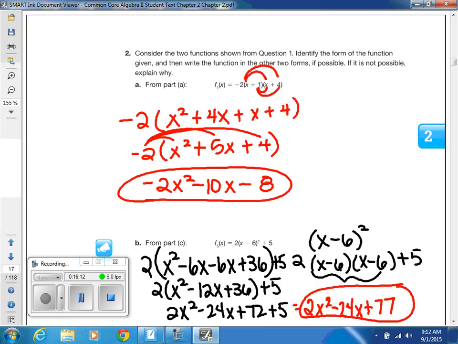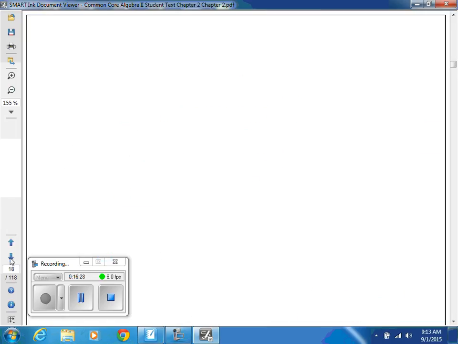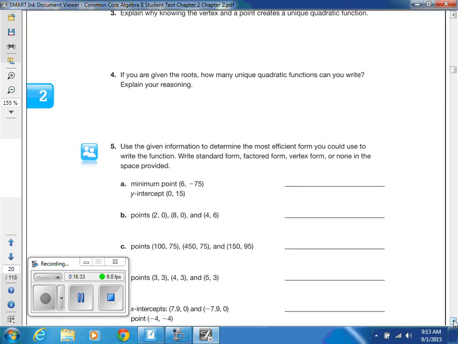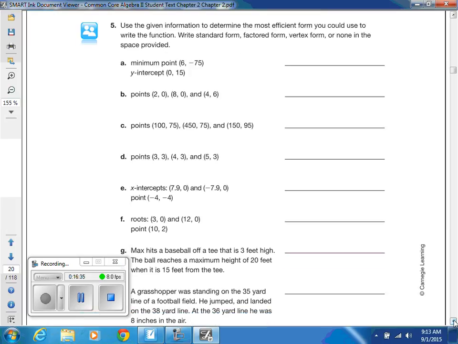All right, when you get those written down, jump over to page 106. Use the given information to determine the most efficient form you could use to write the function.